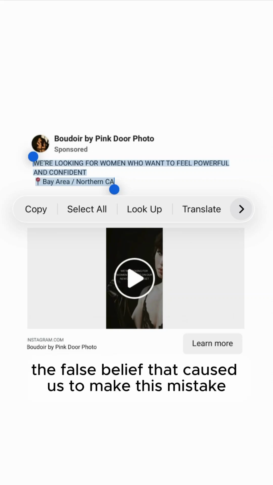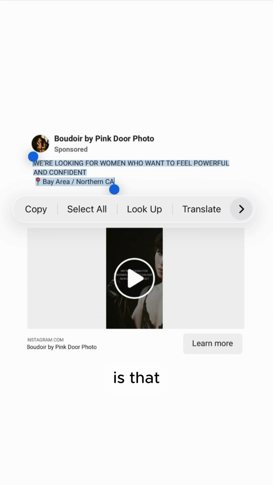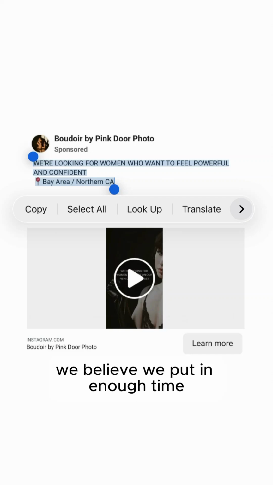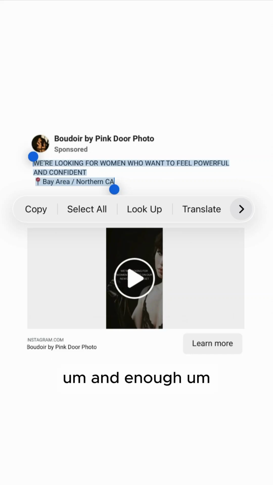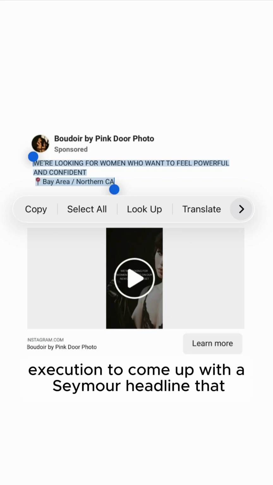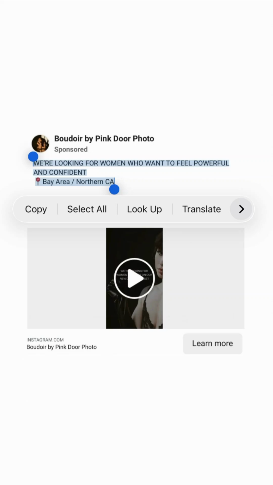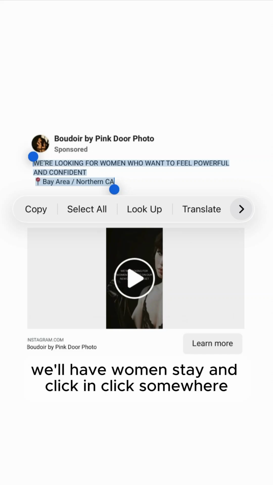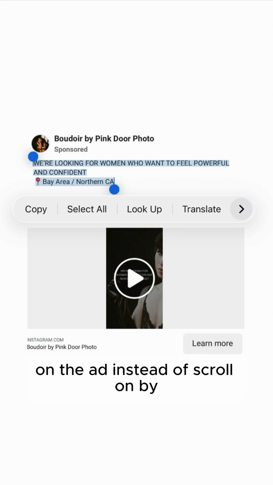mistake. The false belief that caused us to make this mistake is that we believe we put in enough time and enough planning execution to come up with a See More headline that will have women stay and click somewhere in the ad instead of scroll on by.